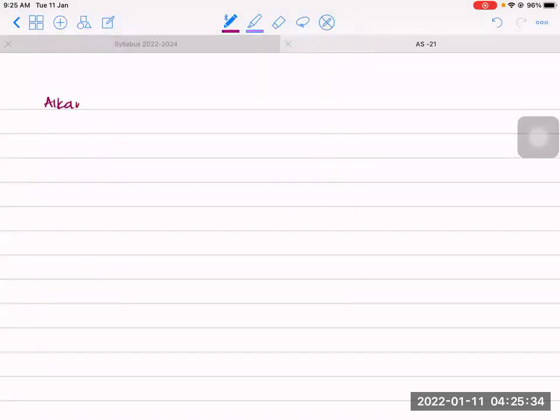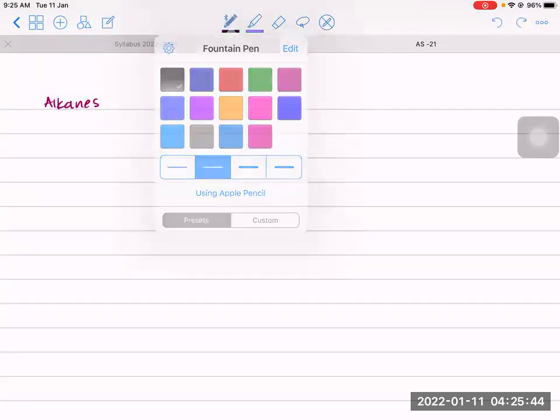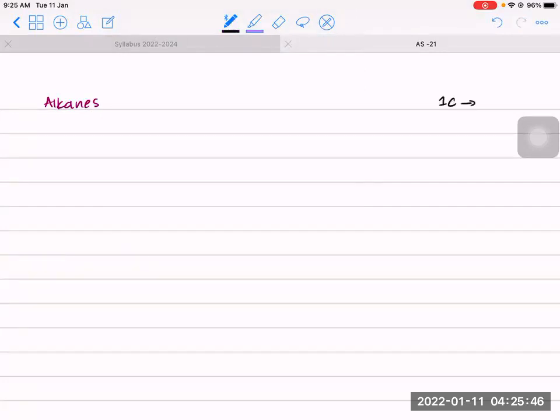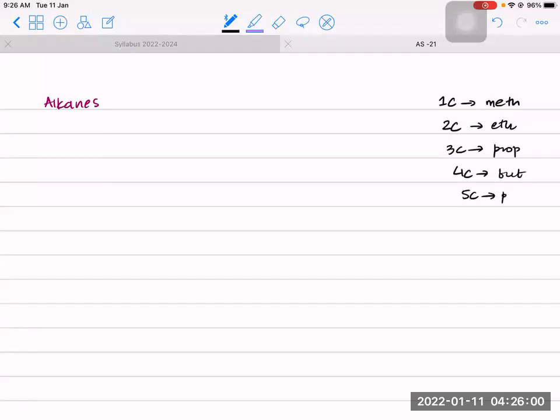So, alkanes are where you have carbon-carbon single bonds. Before we see what alkanes are, just know that a one carbon compound has a name that starts with meth. A two carbon compound starts with eth. A three carbon compound is prop. Four carbon is but. Five carbons is pent.